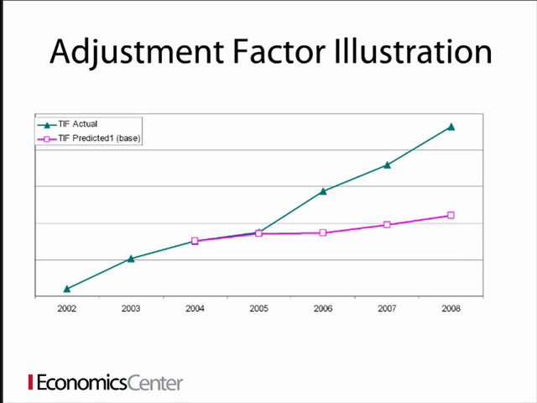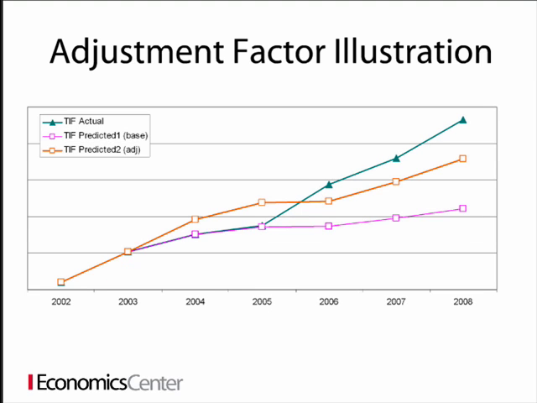This is where the adjustment factor comes in. Using the same underlying data within the model, we can create an alternative forecast, and that's what this orange line is in this picture. So you can see that while relying on the same data, by the time we get to 2007, we can start to create a different forecast that more closely approximates what actually happened in this period.